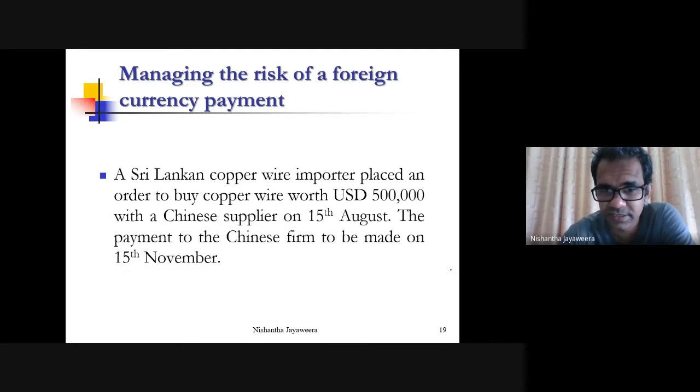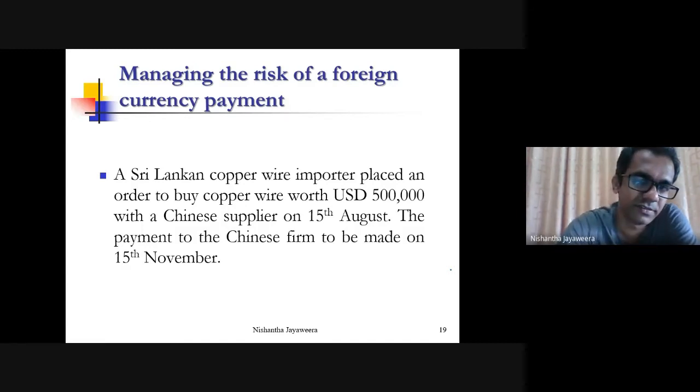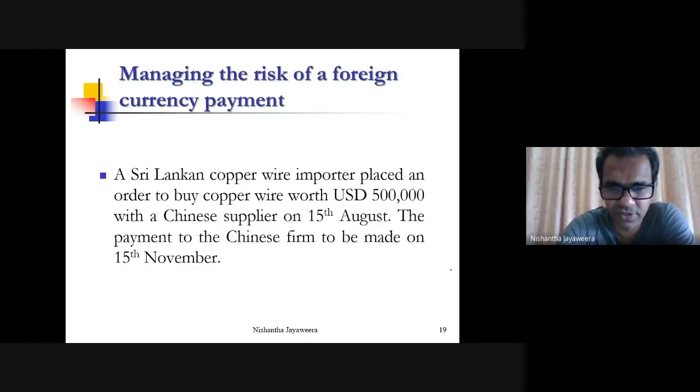It covers just the risk of converting the foreign currency amount to rupees, not the interest rate risk or the future exchange rate risk the borrower would face on the maturity date when the borrower repays the loan. Not that, but only on the receipt, to convert that foreign currency amount into rupees, one of these alternatives can be used.